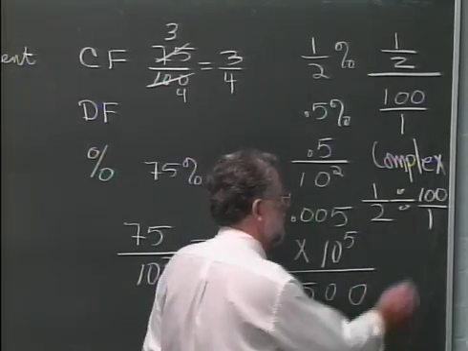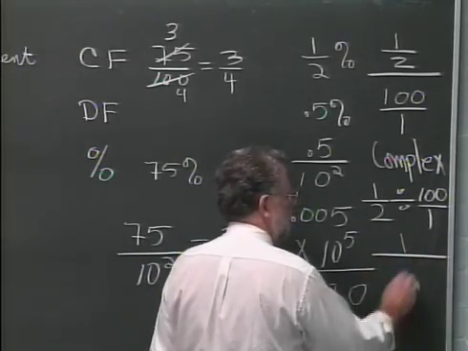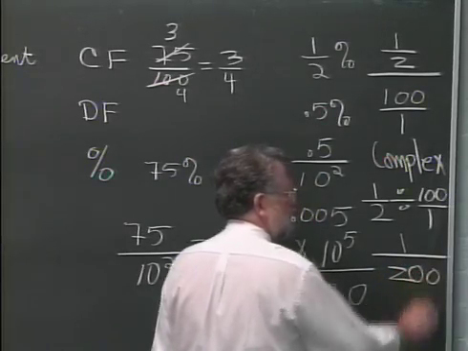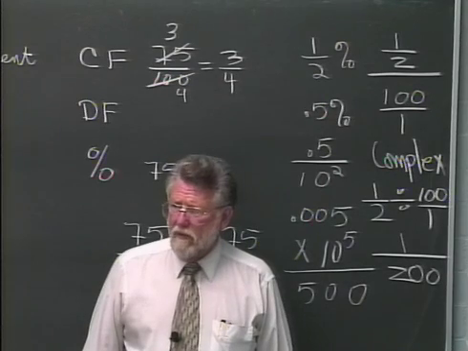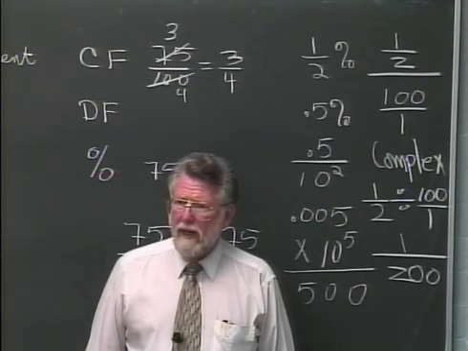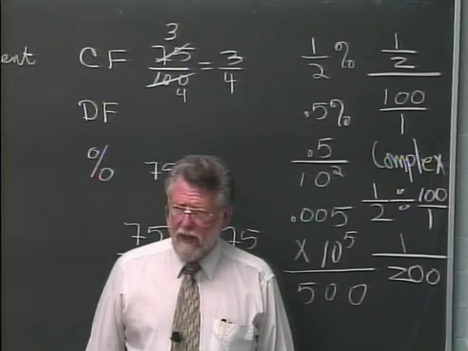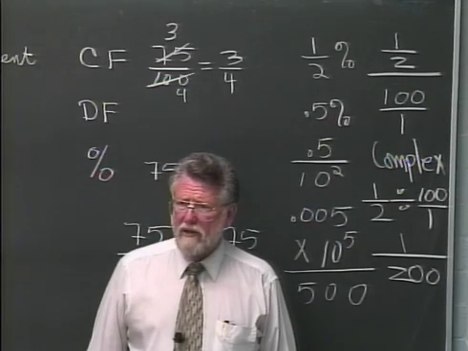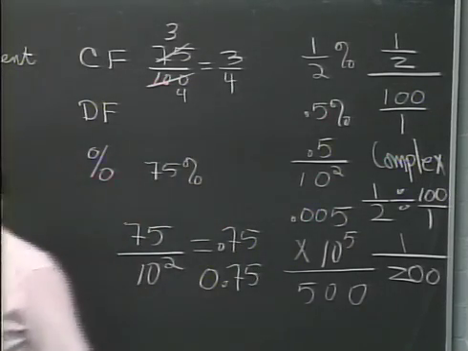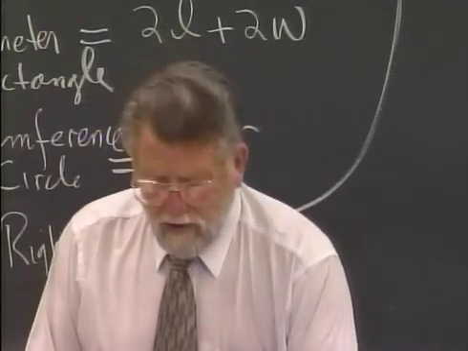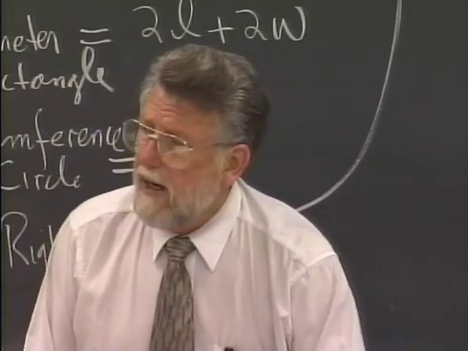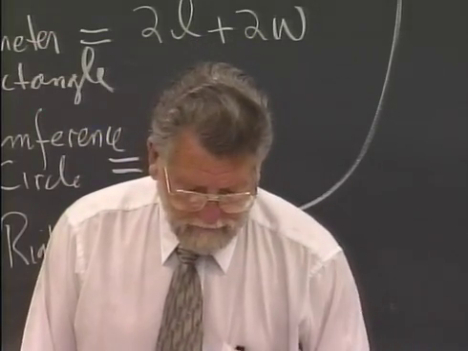So what's my final answer? 1 over 200. So you invert and multiply. And I ran out of room, so I just did that inverting in my head and showed you the answer. Let me walk off camera so you can just look at that for a moment. Now, that was changing from a percent to a common fraction.